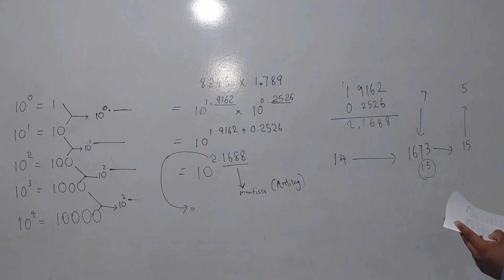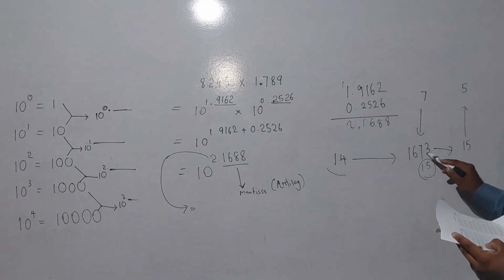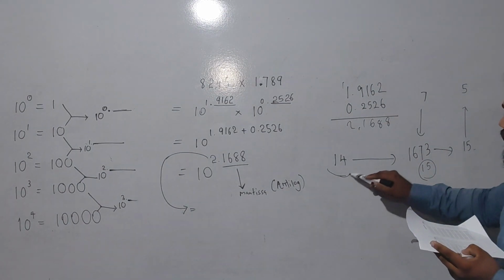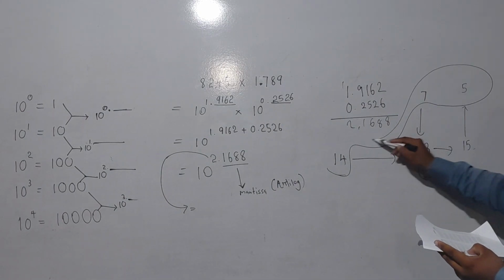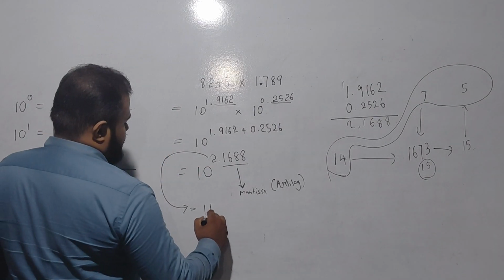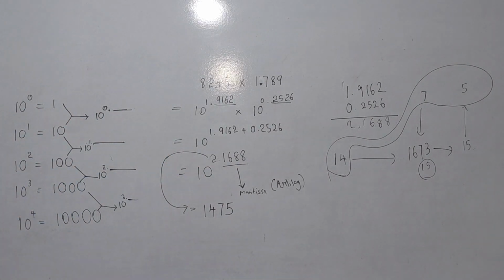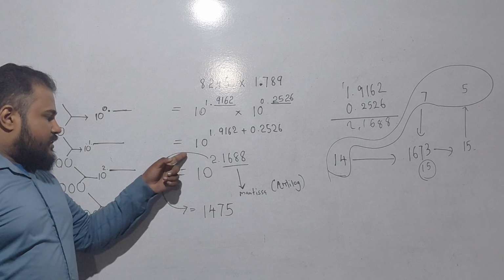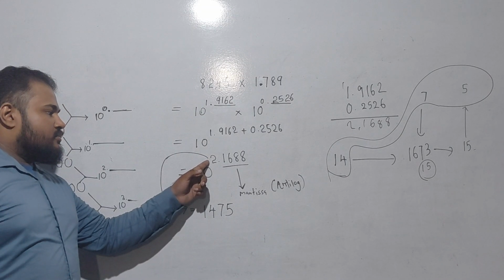Okay. Now, what is the place where 1688 was? 14's 7, 5. Then final thing, this characteristic says it is greater than 100.